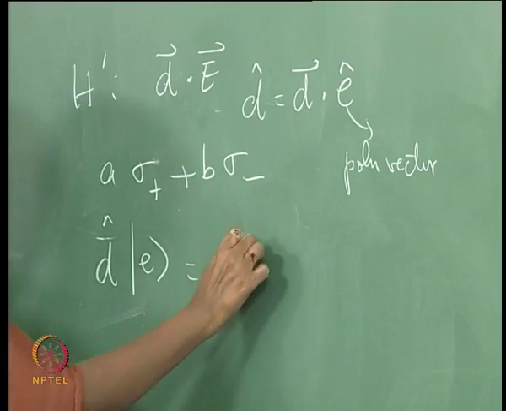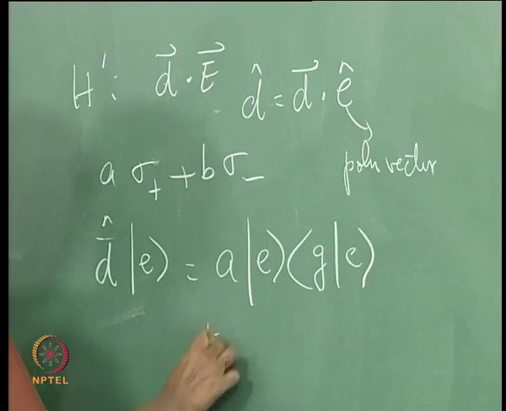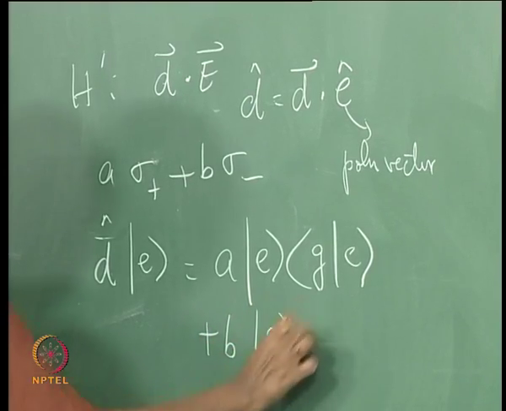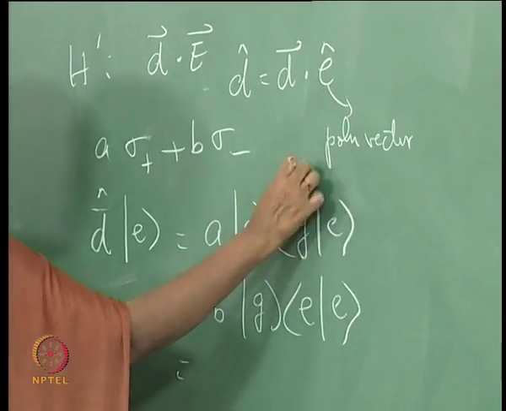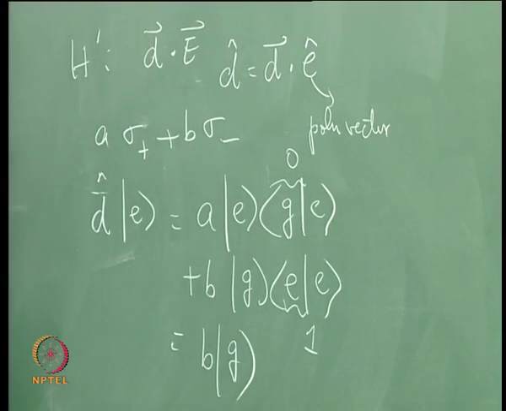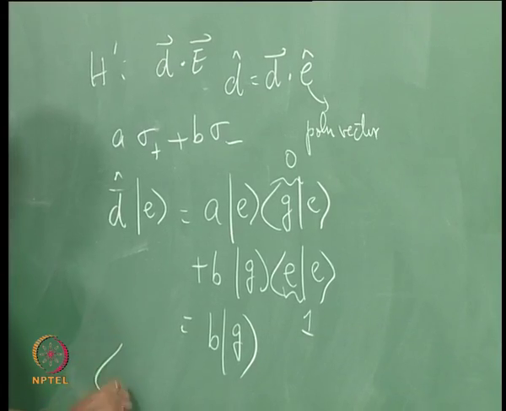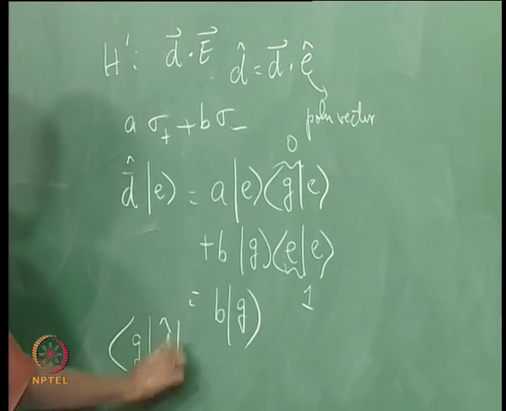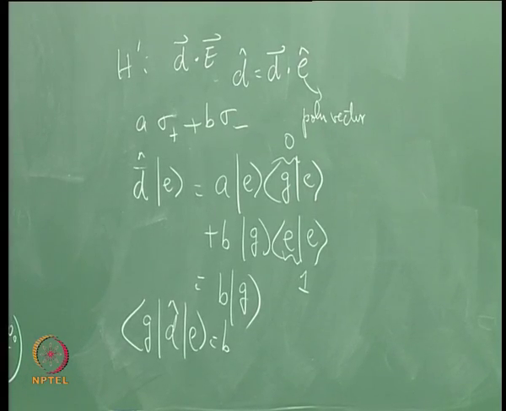So this is A sigma plus B sigma minus acting on E. This is 0, this is 1, and therefore I get B times G. And therefore G D E is B. It is non-vanishing.